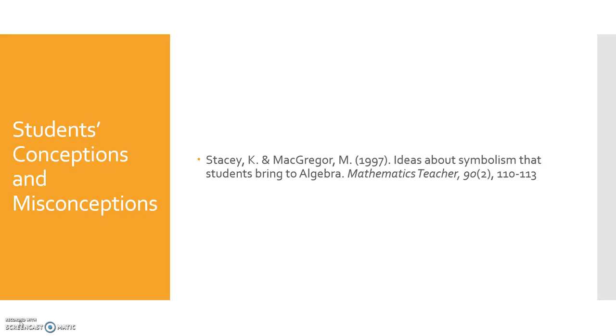So what I'm going to talk about is some research done by Stacey and McGregor. They are two Australian math educators that studied students' ideas about symbolism that they bring to algebra. Their work was published in an article in 1997 that I'm going to be referencing throughout this presentation.